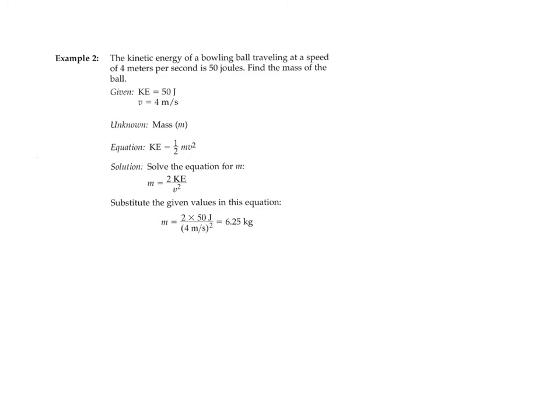So what are we given? We're given the kinetic energy of 50 joules here, and we're given the velocity of 4 meters per second. The unknown thing is we're trying to find the mass, okay? So first thing we do is we write down our equation, right? And now we have to manipulate the equation a little bit based on our variables. So our base equation here is kinetic energy is 1/2 mass velocity squared.